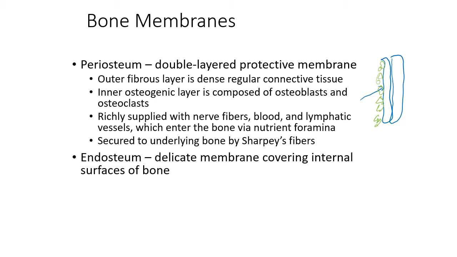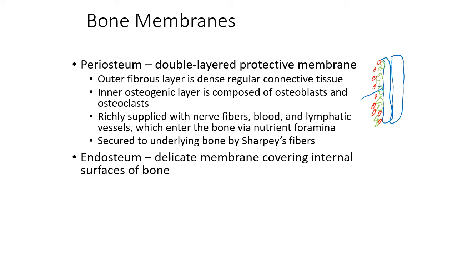And then we've got the osteoclasts, which are going to be here as well, and they're going to be starting to break down bone. So we're always going to have this flux within the bone where we're breaking it down, building it back up, breaking it down, building it back up, always in a process of remodeling all the time.